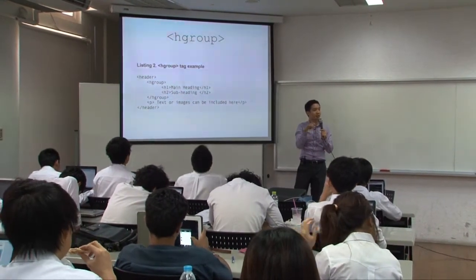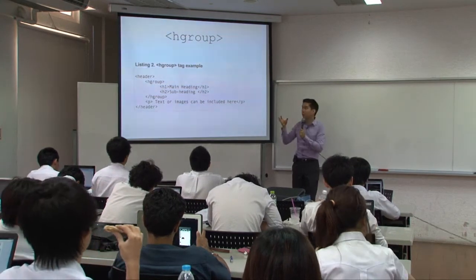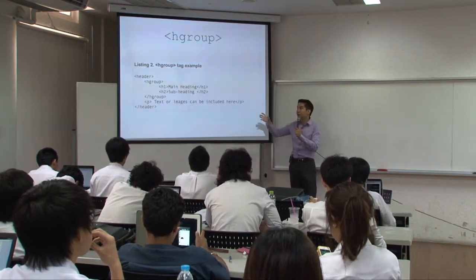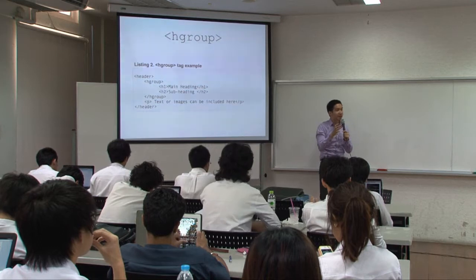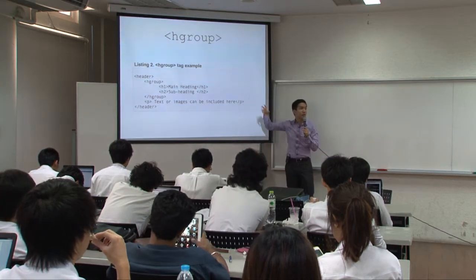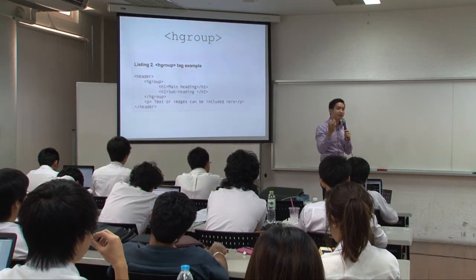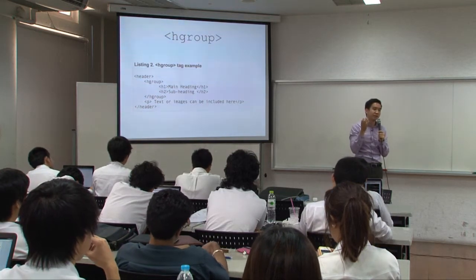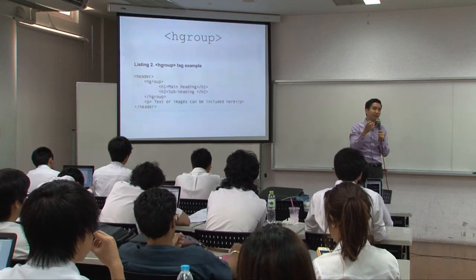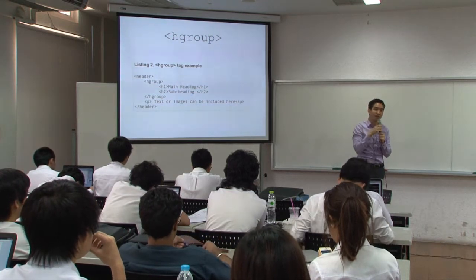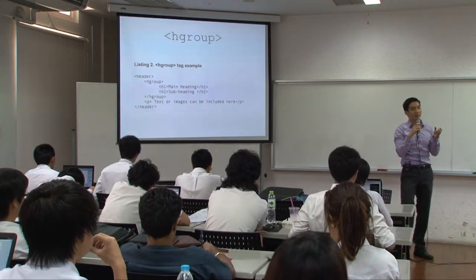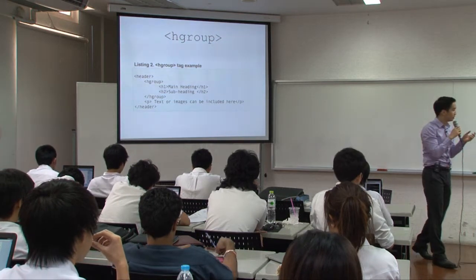They're part of the same group. As opposed to without this hgroup tag, where you would have no way of denoting that these two headings go together. Do you see? So again, when you think of HTML tags, I want you guys to think of the meaning, what it's trying to convey, rather than how it's going to look.